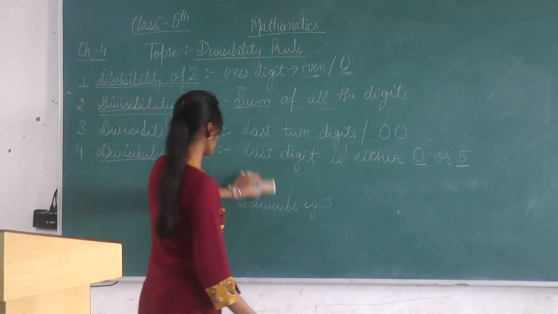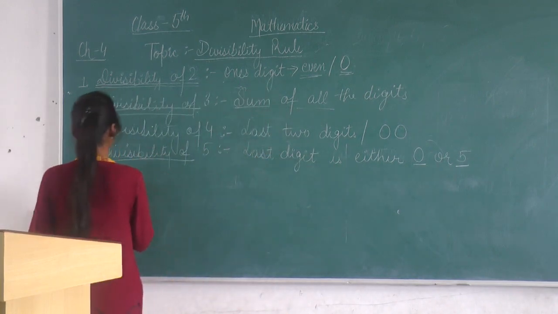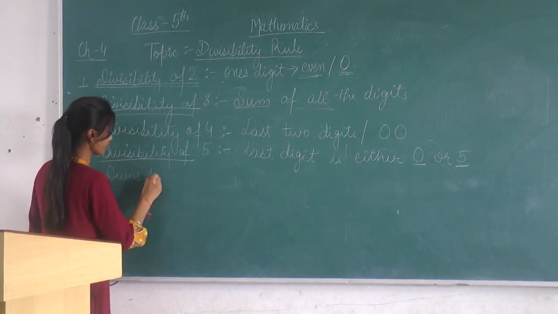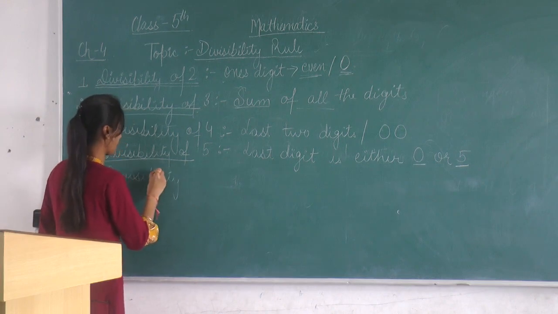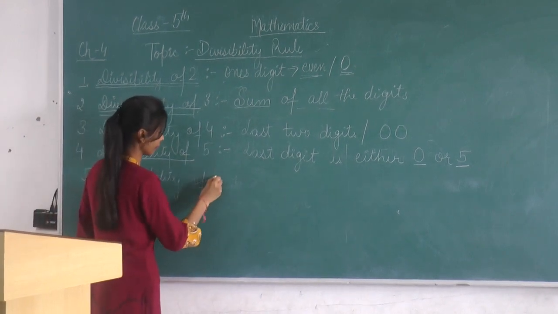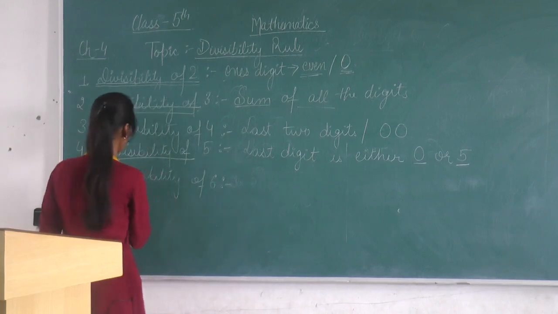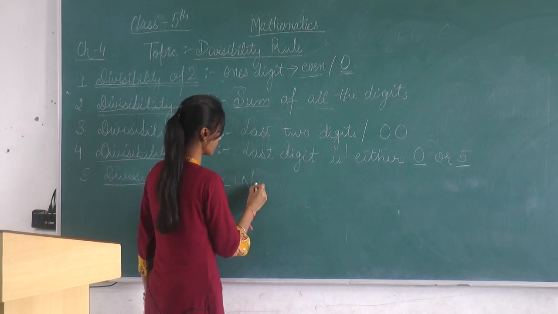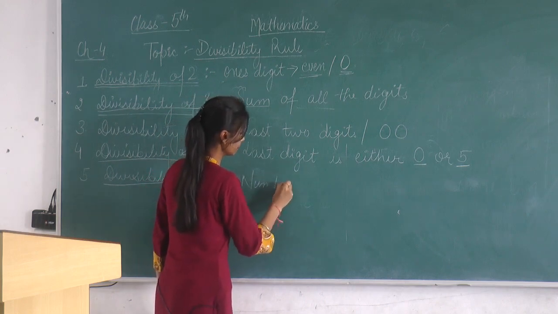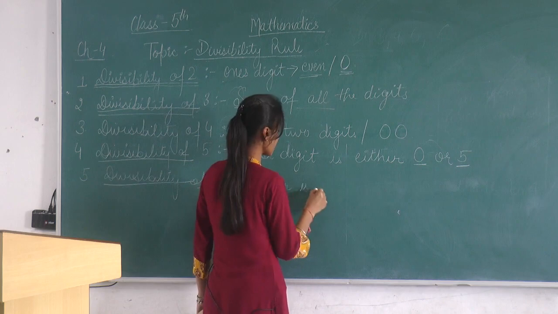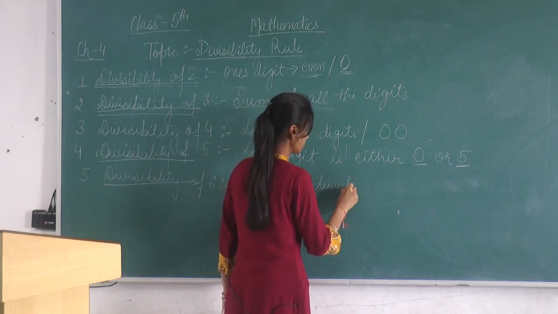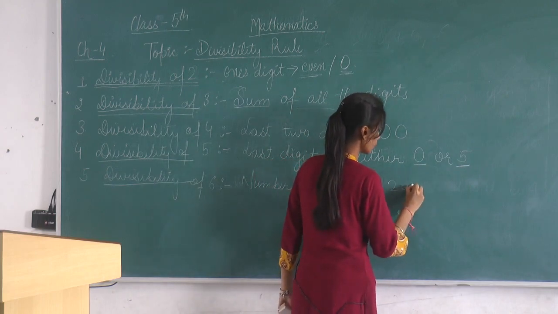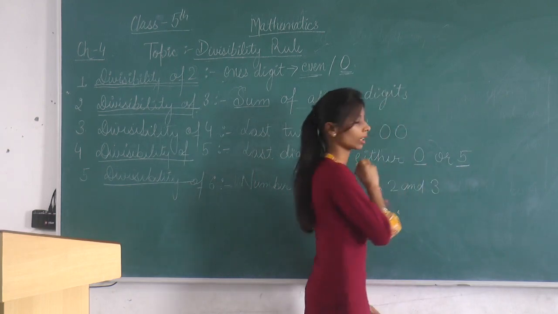So moving on to the next number, that is 6. Divisibility of 6. How do you check? The number is divisible by 2 and 3.